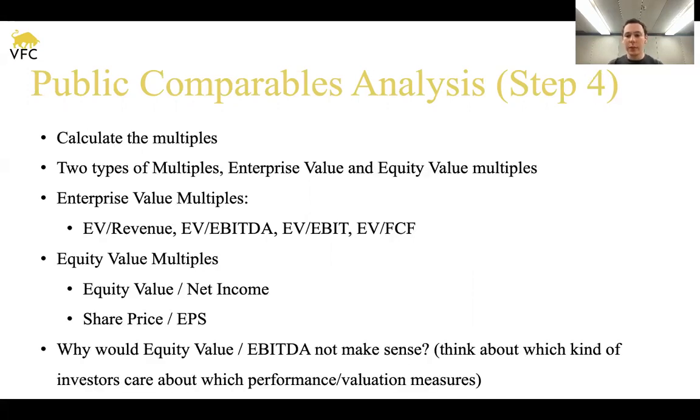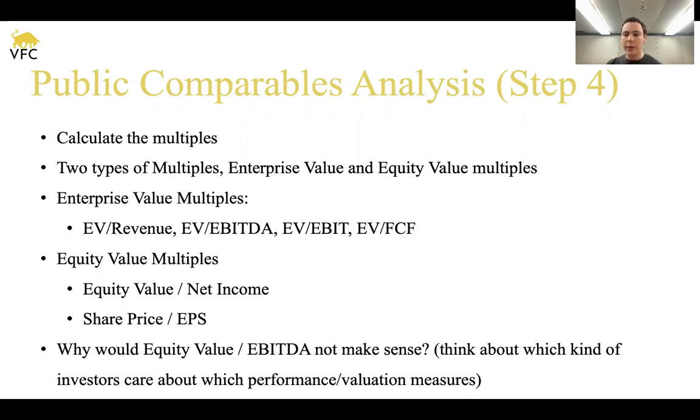So next, you're going to calculate the multiples. There are enterprise value multiples and equity value multiples. This is a little bit of an advanced topic if you're a beginner, so don't worry if you don't understand it completely. But equity value multiples are generally used by equity investors, and you'll get classic metrics like the PE ratio or price to earnings, which is written here as share price over earnings per share, or EPS.